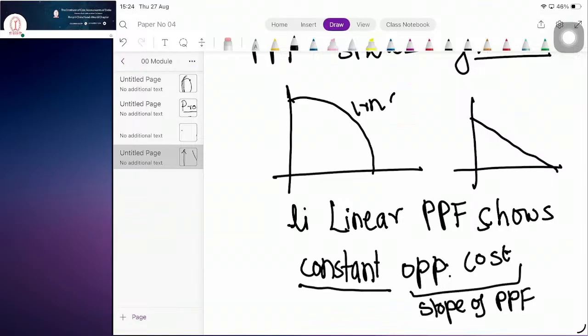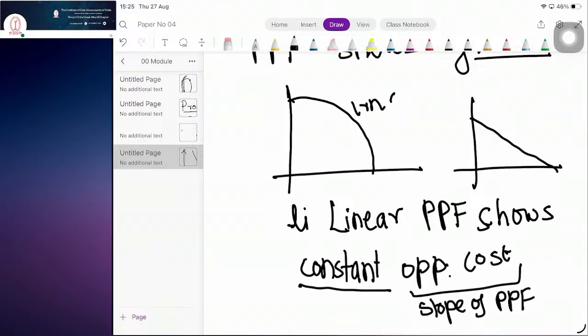Excellent. Yes, what is the answer for 8? Any point beyond the PPF is unattainable. That's absolutely correct. Answer is B.